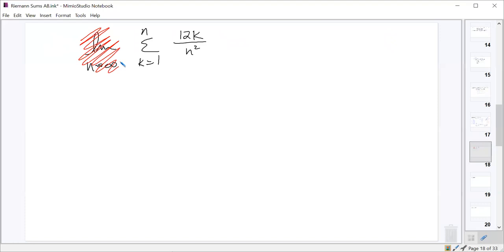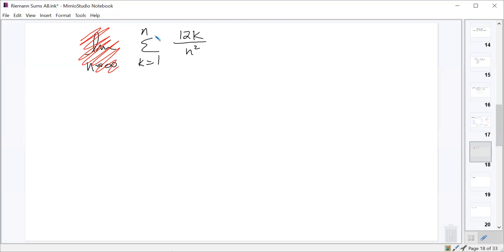Because if you think back to what we were doing yesterday with the summations, k is changing from 1 to 2 to 3 to 4, all the way until it gets to some number n, right? And that number n, which in this case just represents the number of subintervals, is a constant. That n could be 7, or it could be 1,000, or it could be 1,000,000.